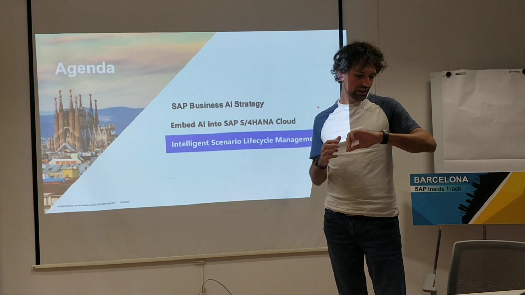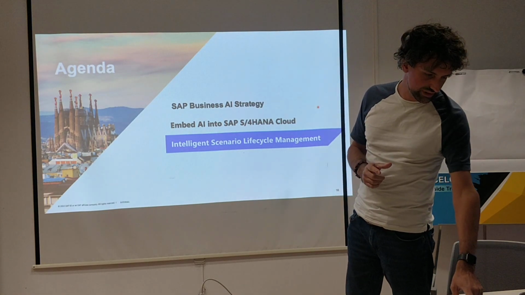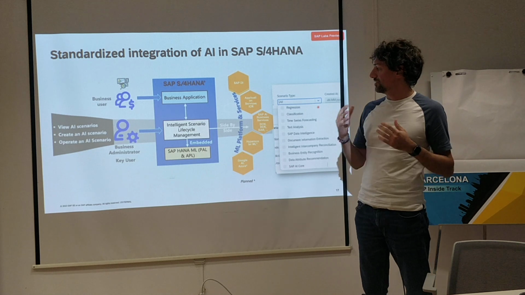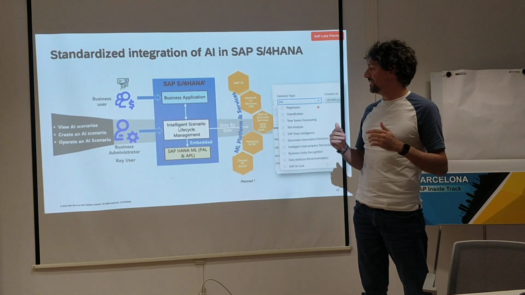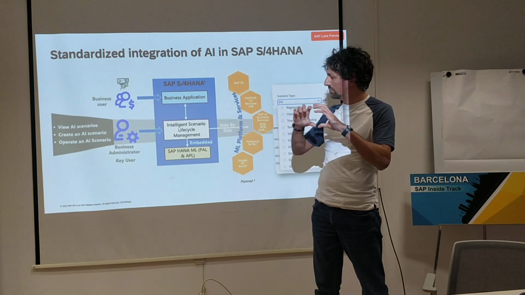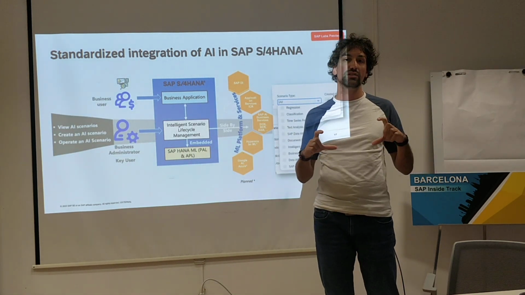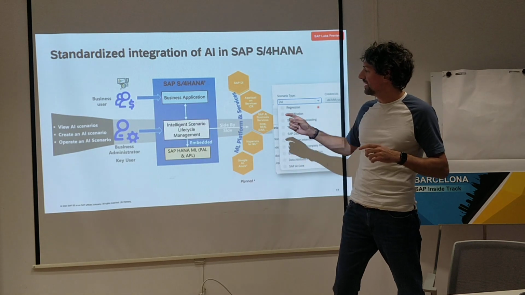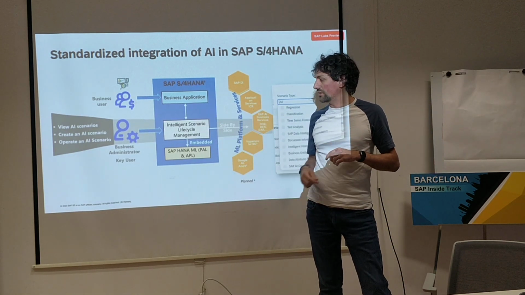And now I'll come to the last point, which is this functionality. Again, I don't know if you are familiar, so I will start from the beginning. The idea that we had already years ago was to put a framework inside S4HANA Cloud. It's available in all the deployment modes of S4HANA, and it's called Intelligent Scenario Lifecycle Management.